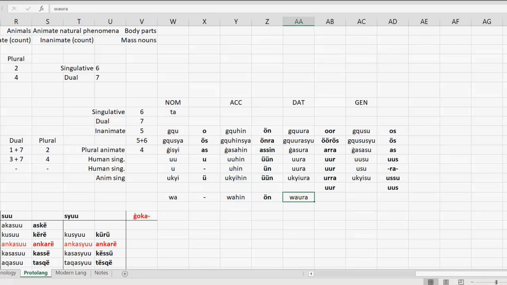Same thing with the dative, the A and the oo could combine into a diphthong, which would then turn into a monophthong, more than likely a long O, and the W would probably just assimilate, and the genitive would stay pretty similar, and what happened to the W, again, would just depend on the preceding vowel.